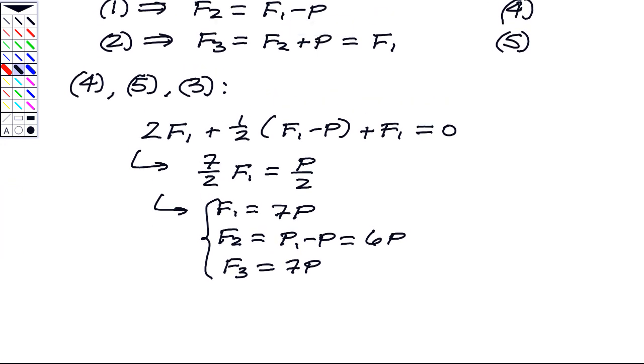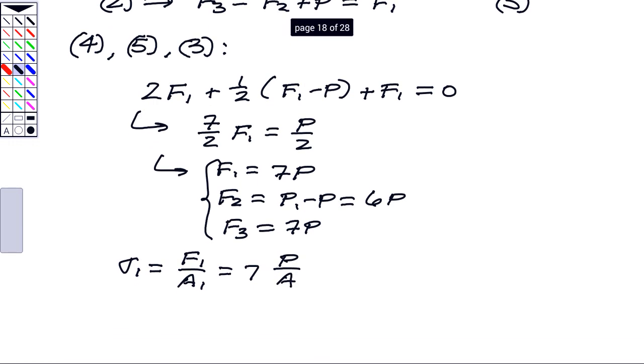What we're asked to find are these stresses. So sigma 1 is equal to F1 over A1, so that gives us 7P over A. The stress in segment 2 is F2 over A2.